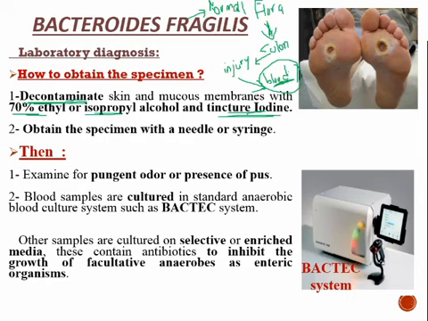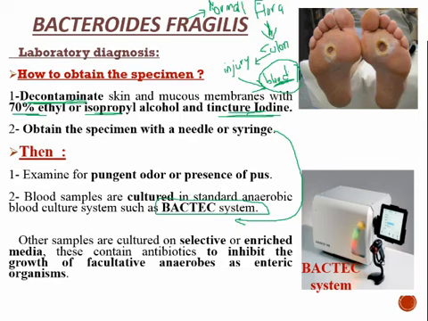After obtaining the blood sample, you are going to cultivate it using the BACTEC system. I will not talk much about the BACTEC system, but I have attached a link in the description describing it very well. It's a very nice video. I need you to watch it, and I am sure you will have fun.